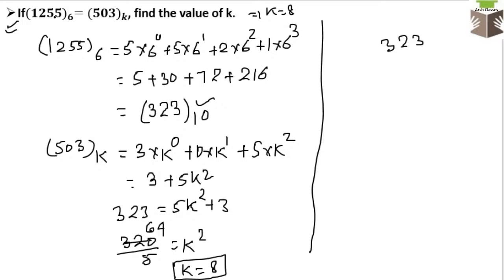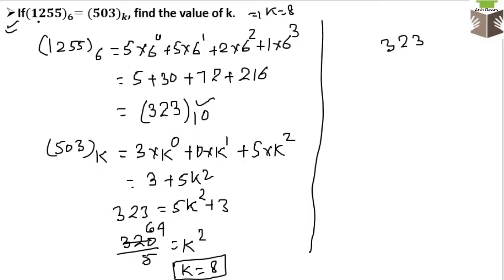Because if you convert a number from a smaller to a larger base, the number will be smaller, and from a larger to a smaller base, the number will be greater.